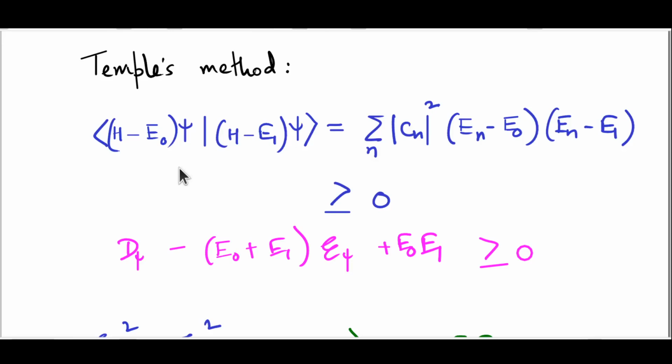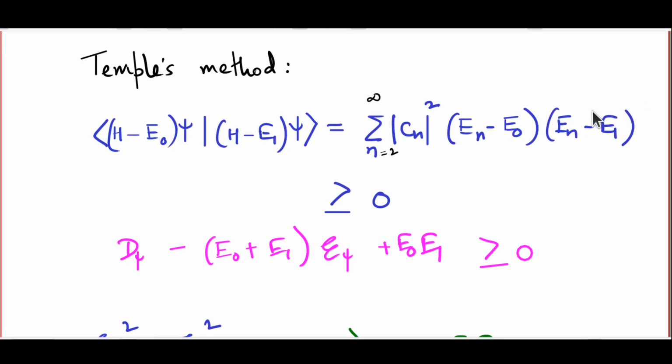And it's very easy to see that this overlap is simply given by this particular infinite sum here, where the sum actually is over all n, but frankly you could just as well use n to be from 2 to infinity, for the simple reason that the terms for n equals 0 and n equals 1 actually vanish because of these two factors of En minus E0 and En minus E1.